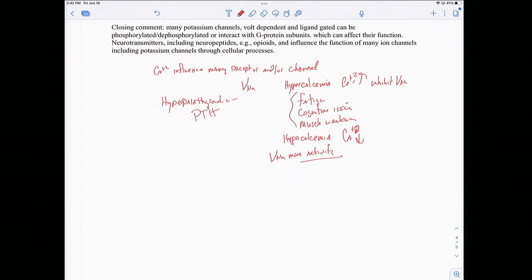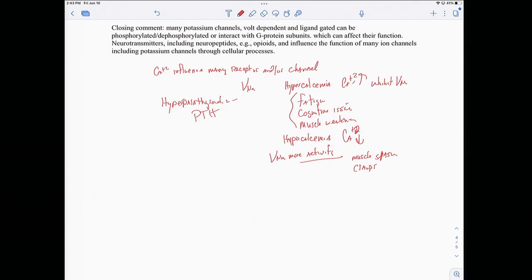So if someone has hypocalcemia, I think you can kind of guess what their problem is going to be. Well, they're going to have muscle spasms. Why? Because they're just too sensitive. They're going to have cramps. Okay, could lead to tetanus. Again, why?